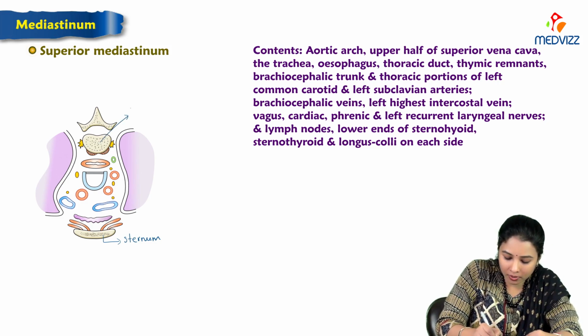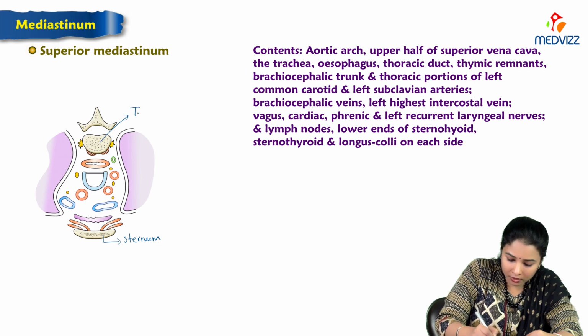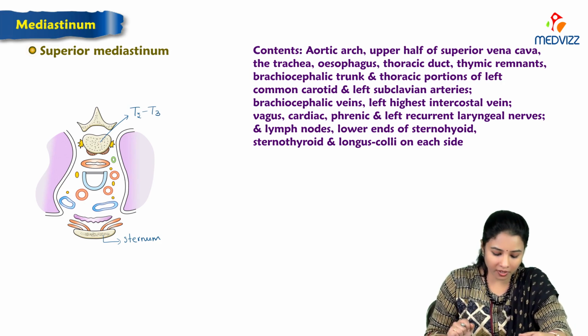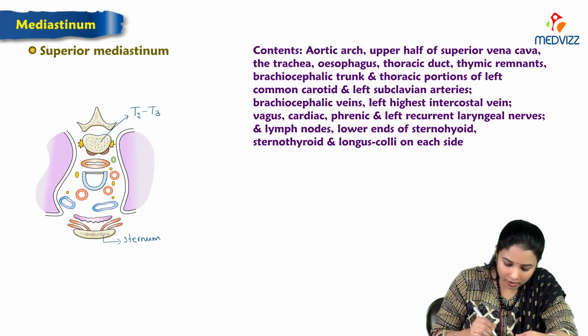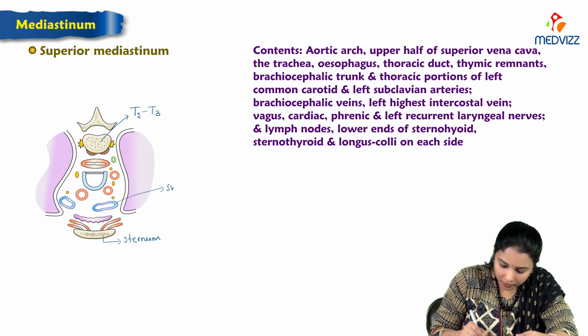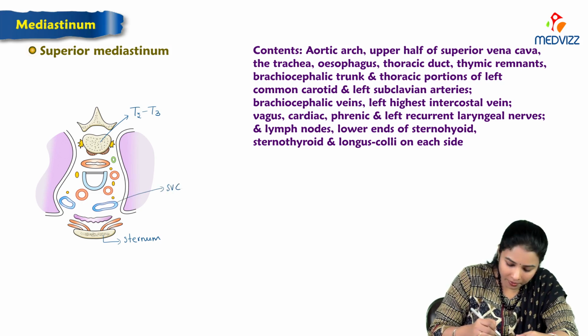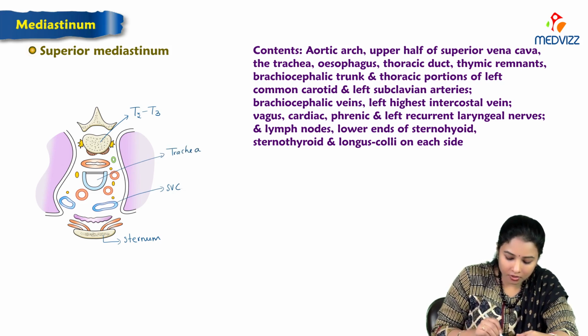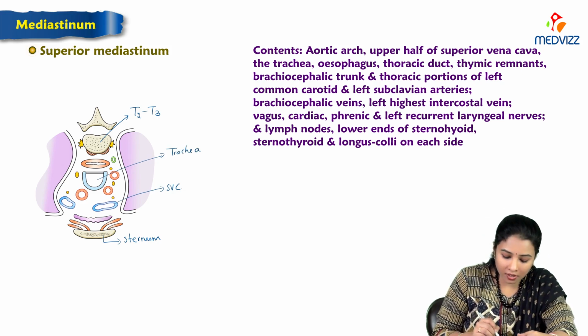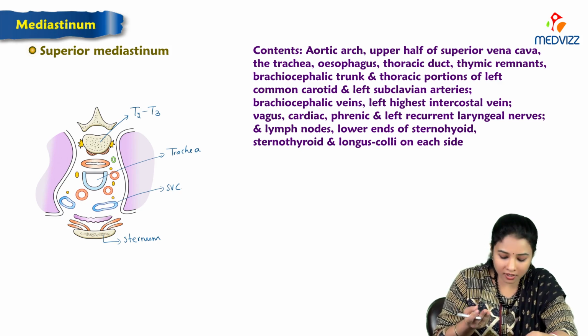This is thoracic vertebra which is between T2 to T3 because it is taken in the superior mediastinum, and the structures which we can see here are superior vena cava. We can even appreciate trachea. Arch of aorta is not seen because it is taken at a higher section.